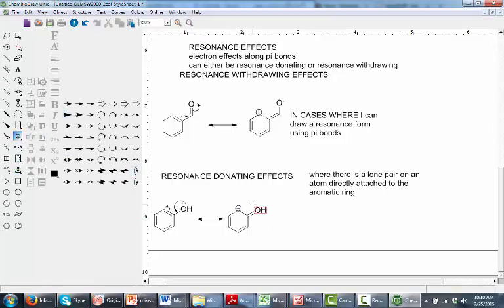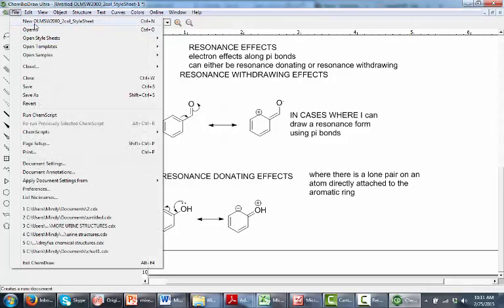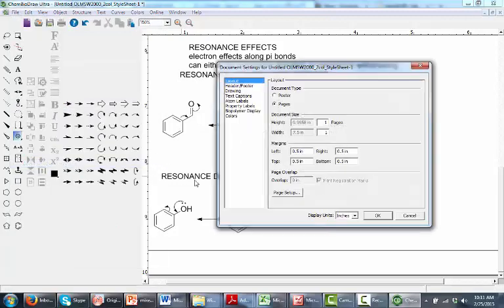Now I'm going to have a positive charge on my hydroxyl group over here, but anything that has a heteroatom with a lone pair directly attached to the aromatic ring is going to be resonance donating. Anything like these carbonyl groups where I can draw resonance forms to push electron density out of the aromatic ring, those are going to be resonance withdrawing. And again, these effects act in concert with the inductive effects of things donating or withdrawing along the sigma bonds.